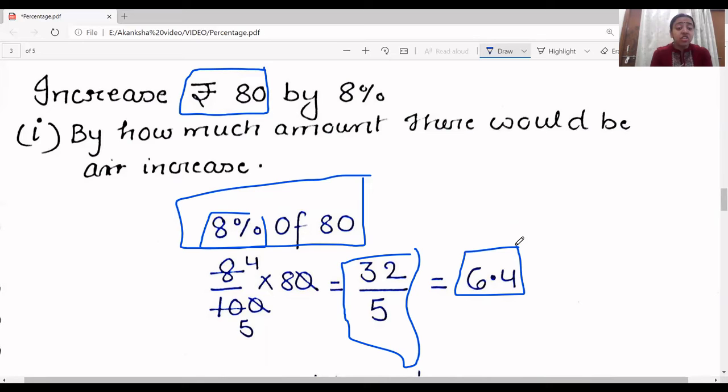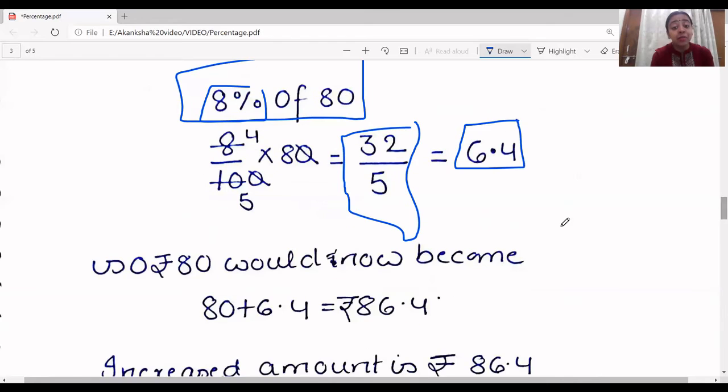Now, the question doesn't end here. They are saying that you have to increase 80 rupees by 8%. You have found out what 8% of 80 rupees is. Next, you are supposed to increase 80 by 8%. How will you do this? You will add 80 plus 6.4. So 80 plus 6.4 is going to give me 86.4 as the value.